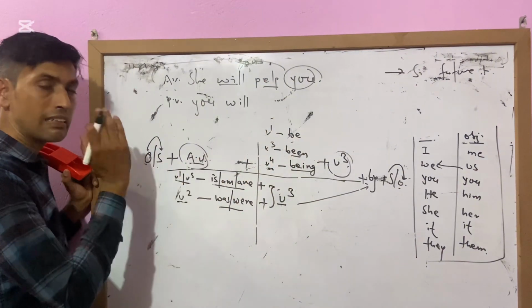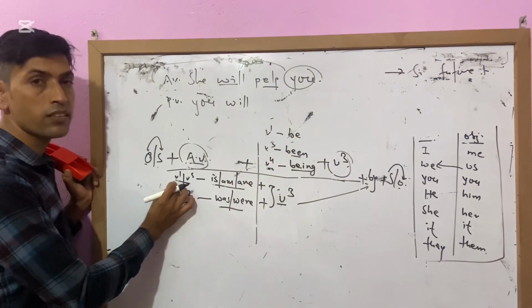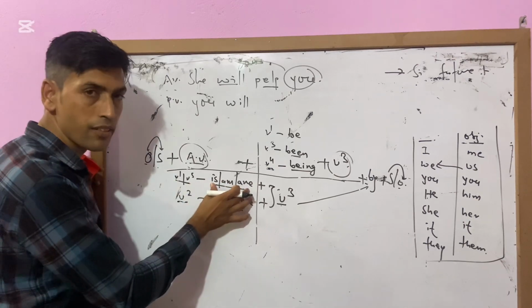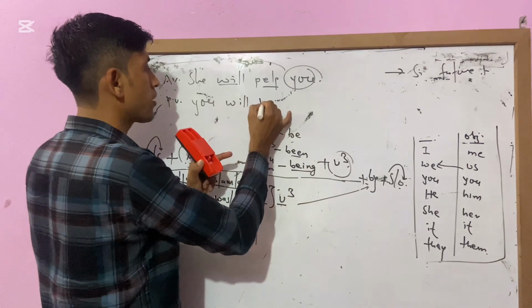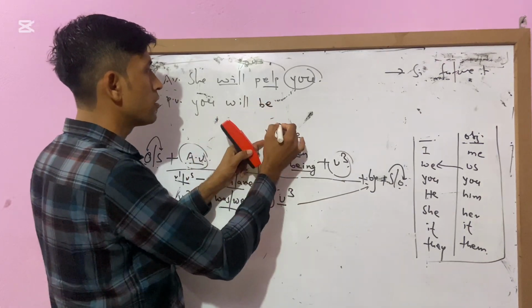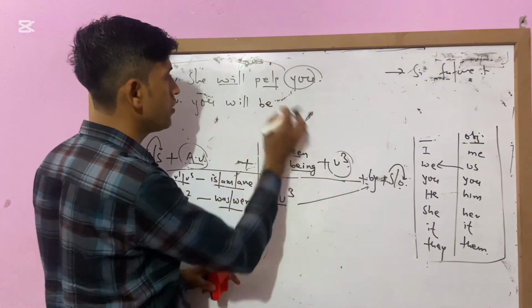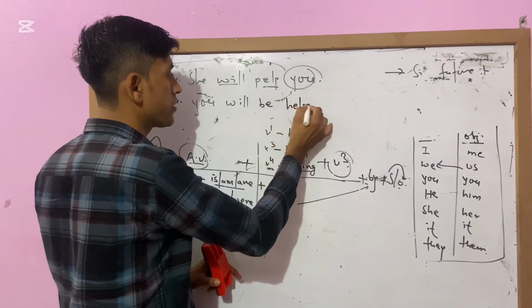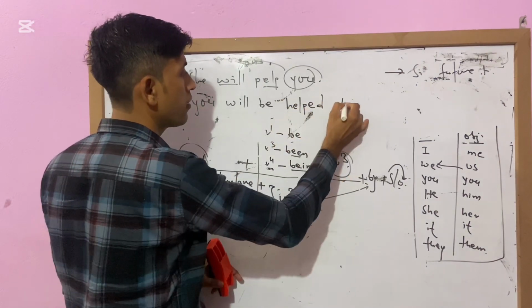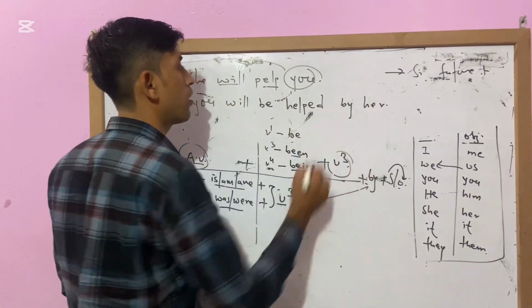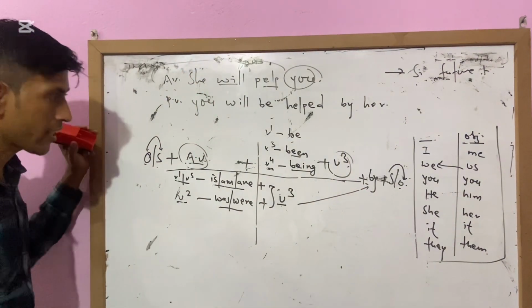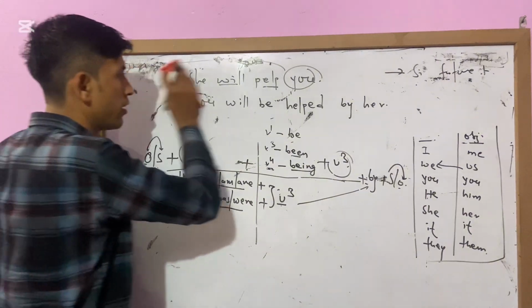If there is no auxiliary verb and verb 1 is given directly, then we use is, am, are. So here, after will, verb 1 is given, so we use be, right? Then verb 3, helped. Then by, then subject by object: subject she we change into her. Like this we can change active to passive voice.